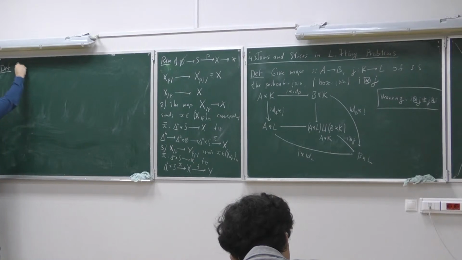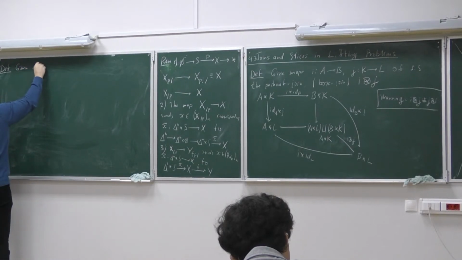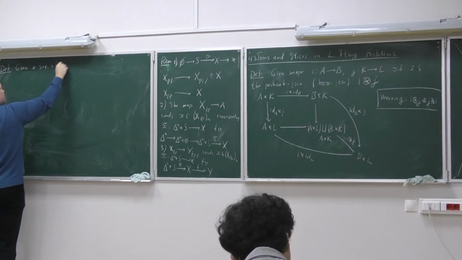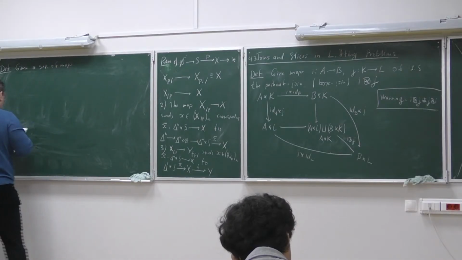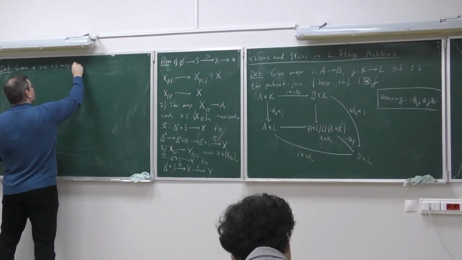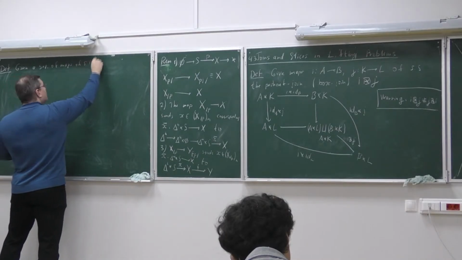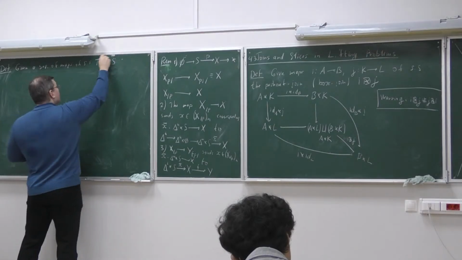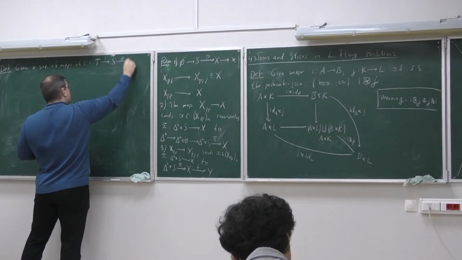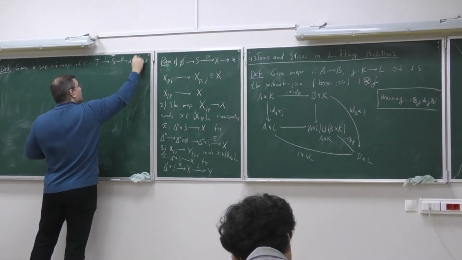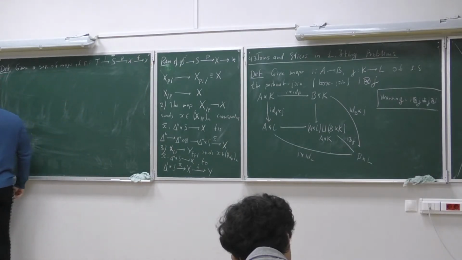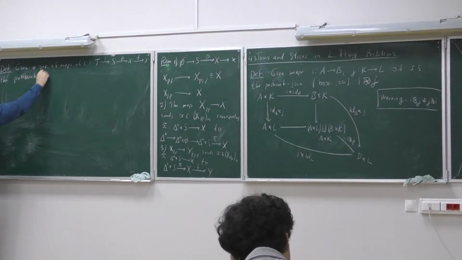So given a sequence of maps, like in the previous proposition, of simplicial sets, T, S, X, and Y, with the maps J, P, and F. So the pullback slices are defined in the following way.